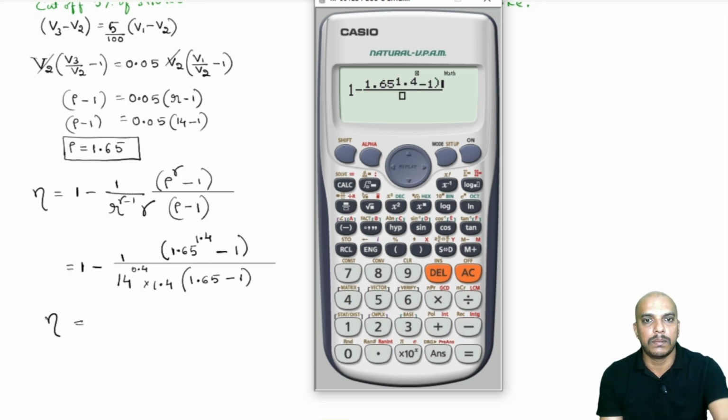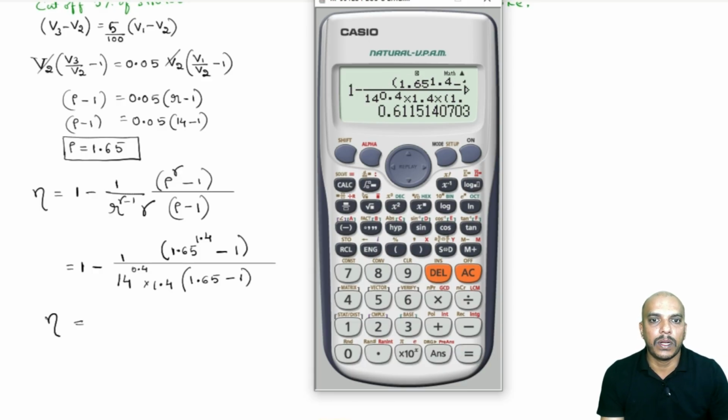So, let us use the bracket, divided by 14 power 0.4 into 1.4 into 1.65 minus 1.